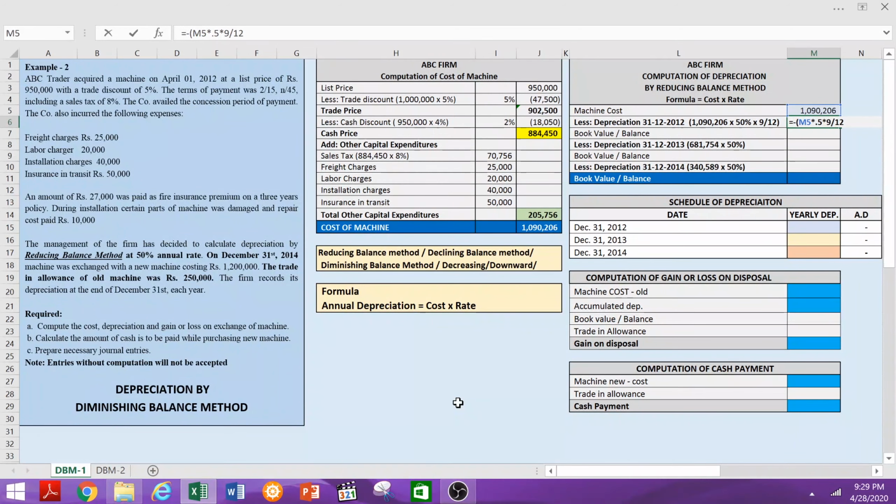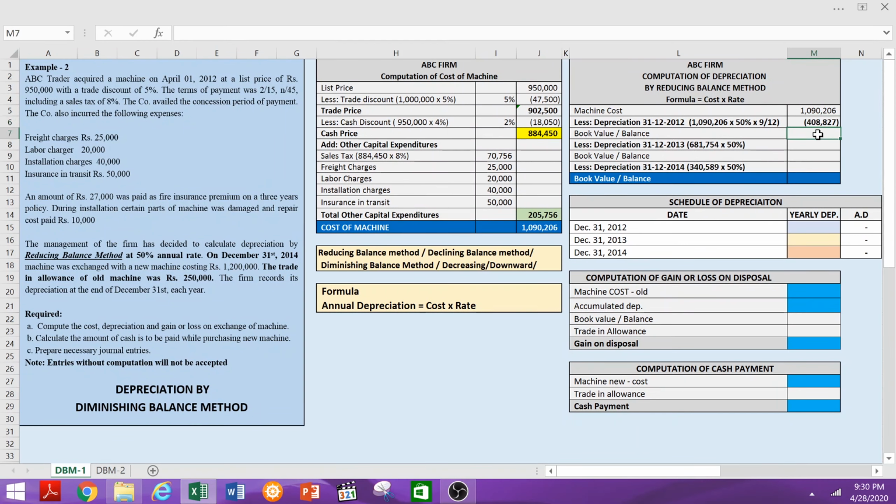So out of 12 months, in the year 2012 we have used the machine for only 9 months. So we need to calculate depreciation for the 9 months. You can see it is already explained: the cost of machine multiplied by 50%, the rate which is already given to you. You can read the question. In the year 2012, the machine has been used for 9 months only, so we are calculating depreciation for the 9 months.